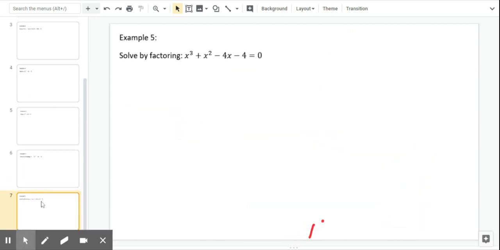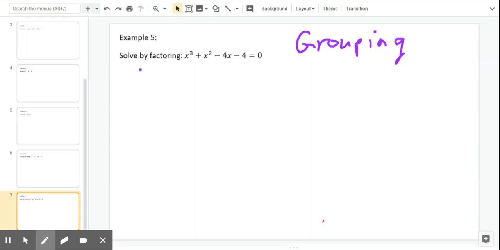All right, so finally, our last type of example that I'll give you for this is factoring by grouping. I know I at least want to try grouping because I have 1, 2, 3, 4 terms. And we're going to find that that'll actually work.